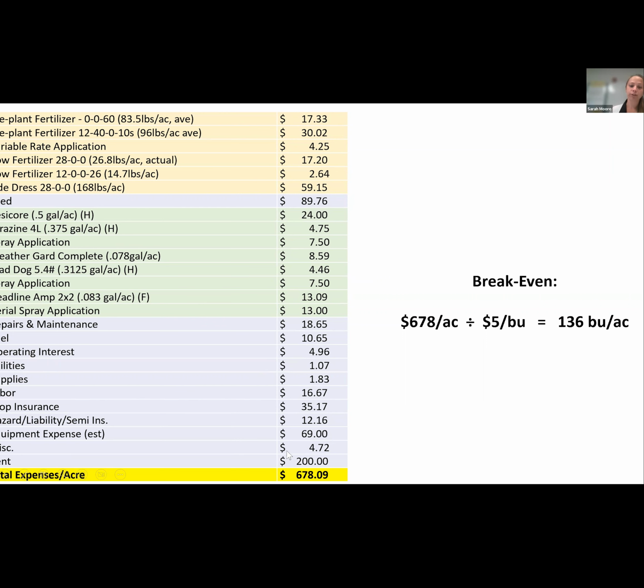And this particular field, he is renting for about $200 an acre. That gives us our total expenses per acre at $678. To get our break-even yield, we're going to divide it by $5 a bushel, which is what he sold his grain corn for this year, giving us 136 bushels an acre as our break-even yield.